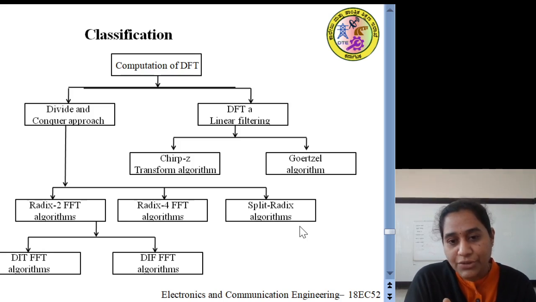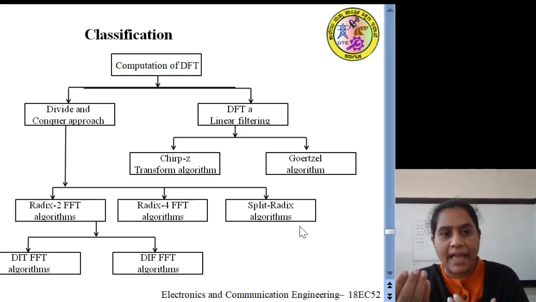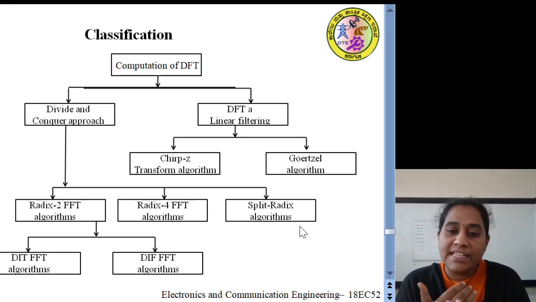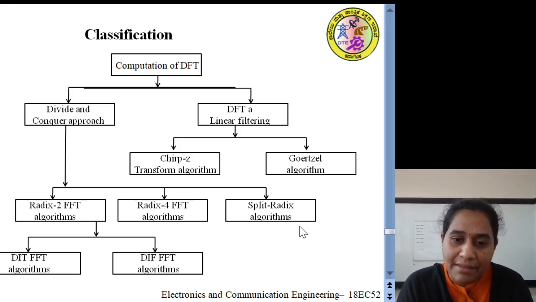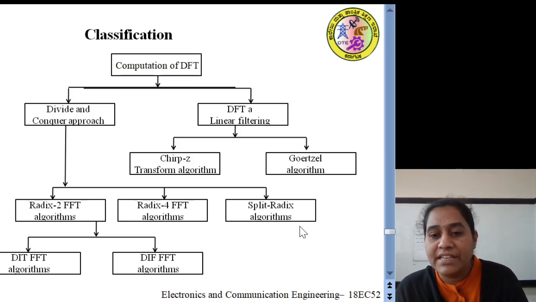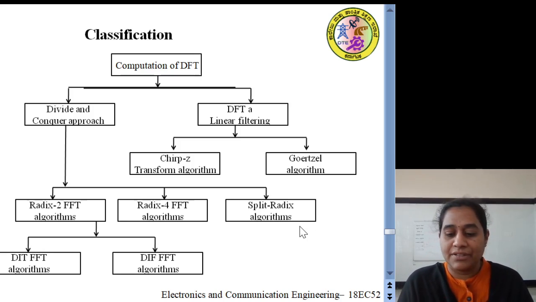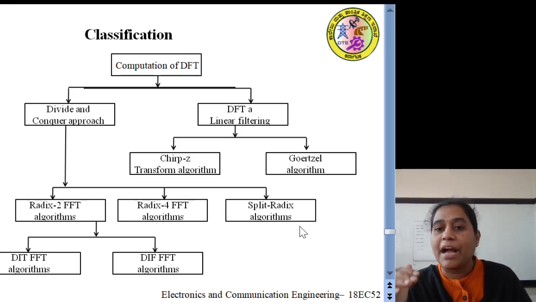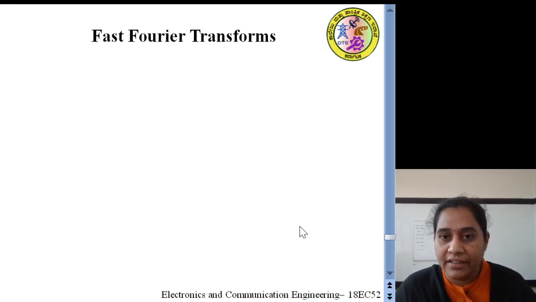So radix 2 FFT algorithms are again classified into decimation in time FFT algorithms and decimation in frequency FFT algorithms. So this is how we can classify the computation of DFT.